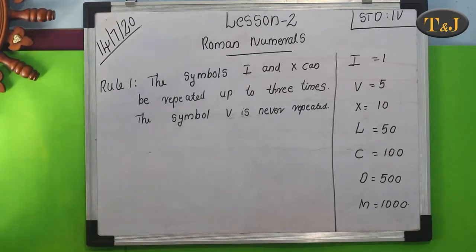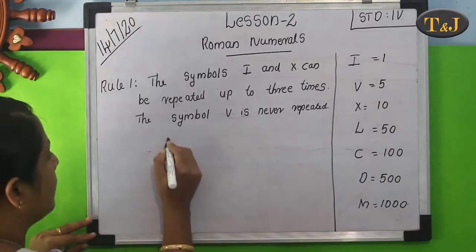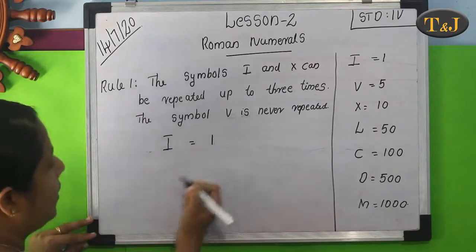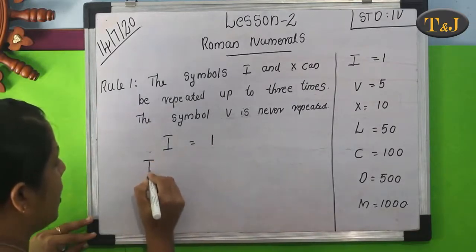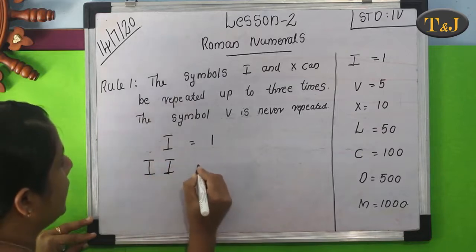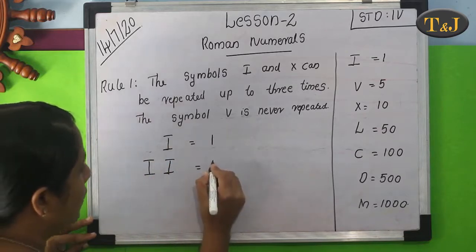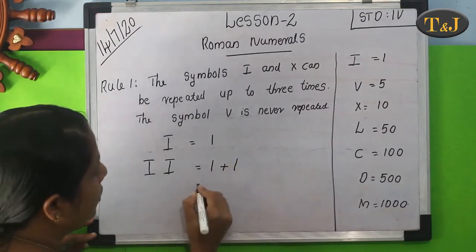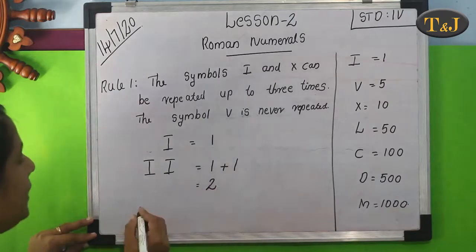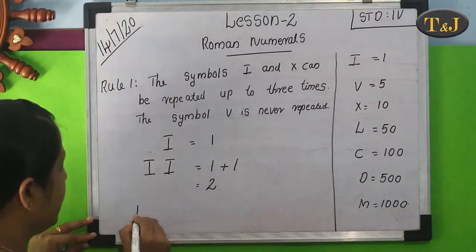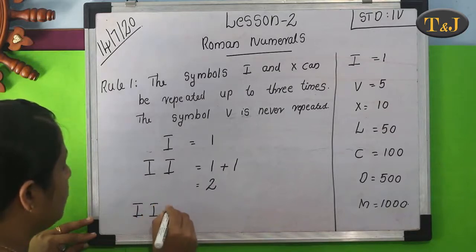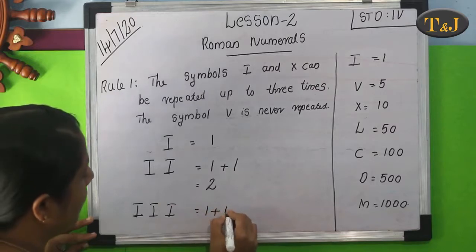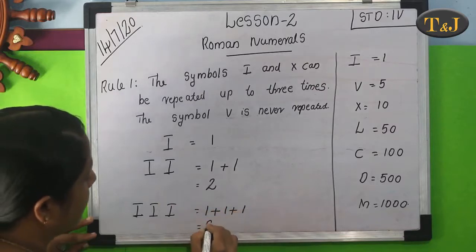First we write the number I. We know that I equals the Hindu Arabic number 1. Next we want 2: II, that is 1 plus 1 equals 2. Then we repeat I three times, III, that is 1 plus 1 plus 1 equals 3.